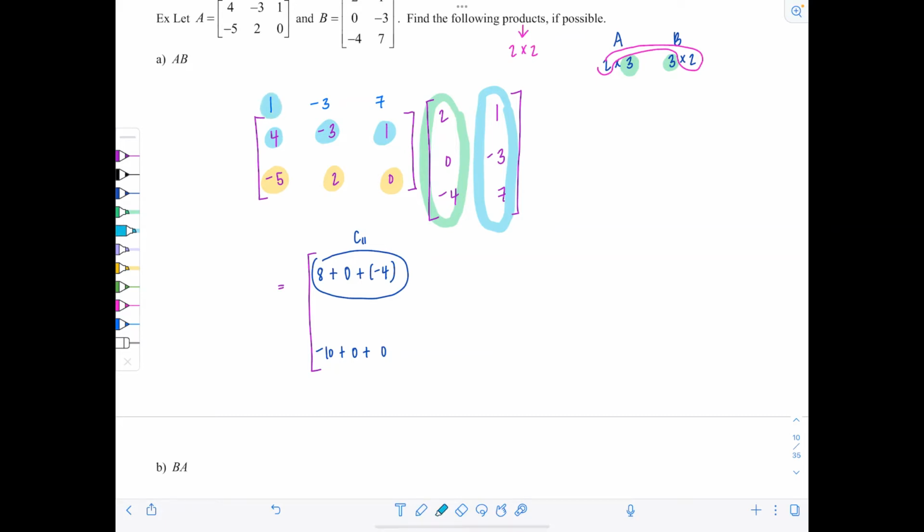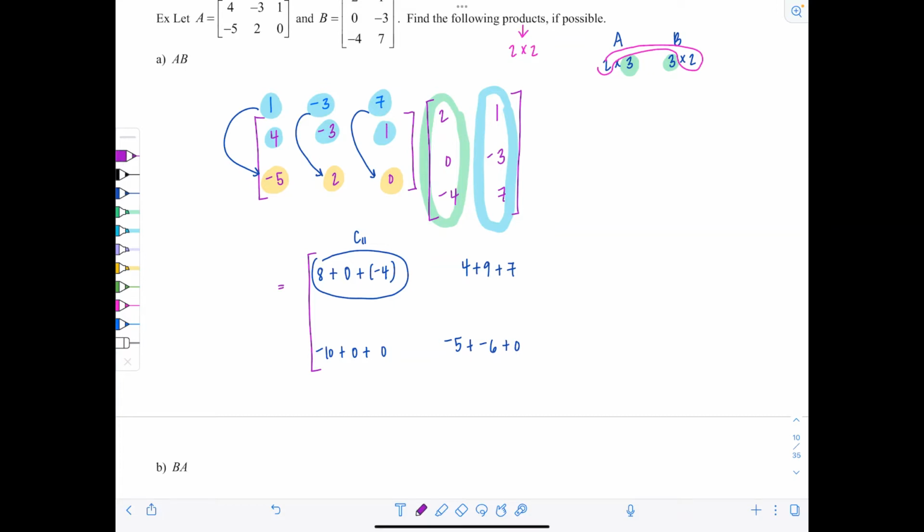So 1 times 4, that's 4, plus -3 times -3, that's 9, plus 7 times 1, that's 7. Then move on, take these products, add them together. That gives us the second row, second column entry: 1 times -5, -5, plus -6, plus 0.